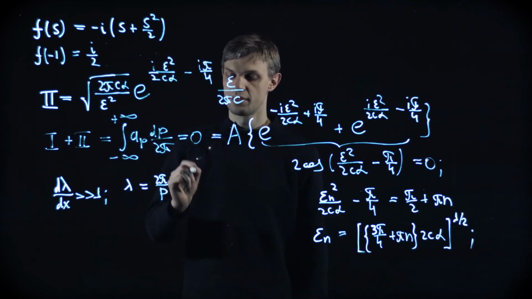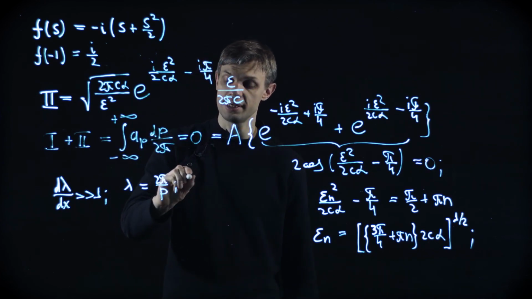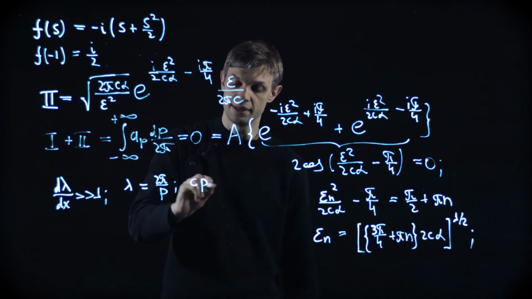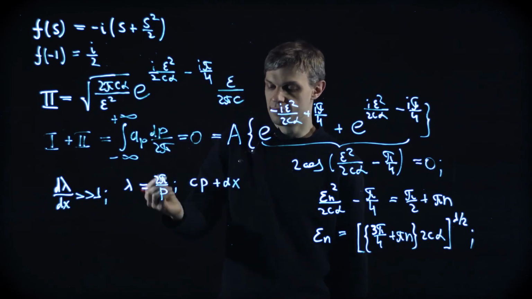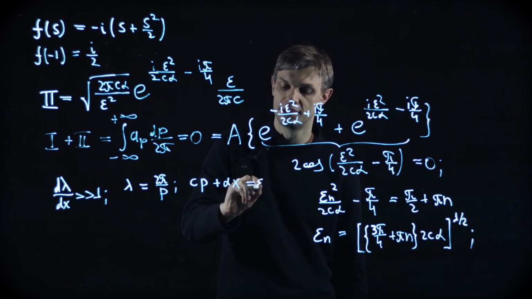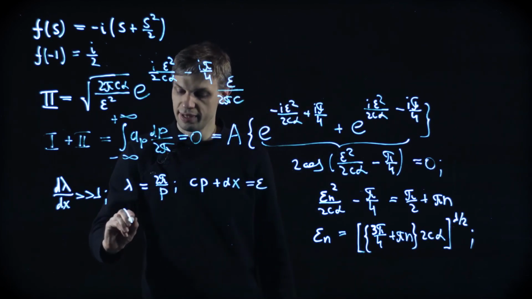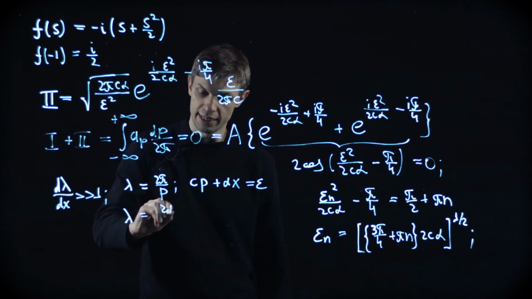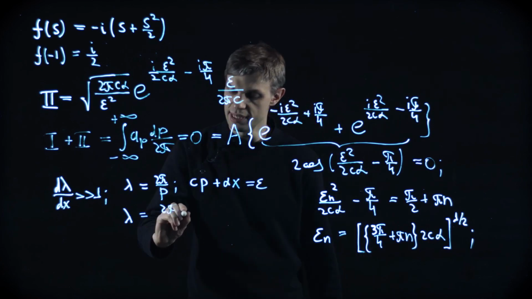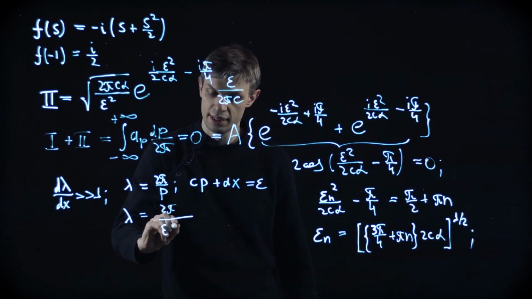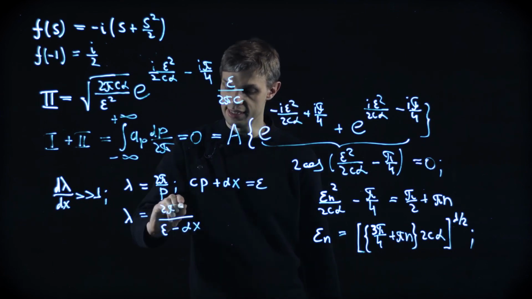And the momentum, well, let's recall how our Hamiltonian looks like. Hamiltonian is Cp plus alpha x. And classically, that would be our energy of the system. So our wavelength is 2 pi divided by p, which is simply epsilon minus alpha x divided by c.